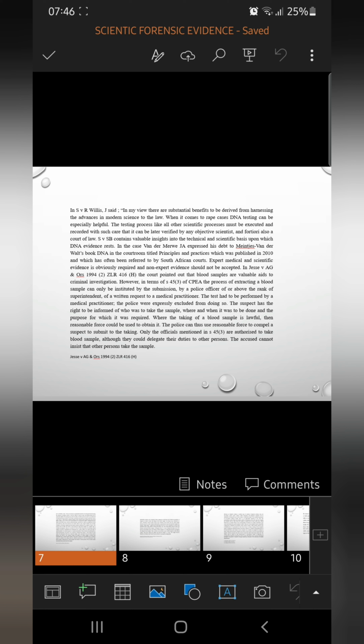In Gist versus Agent and Others 1994, the court pointed out that blood samples are valuable aids to criminal investigation.